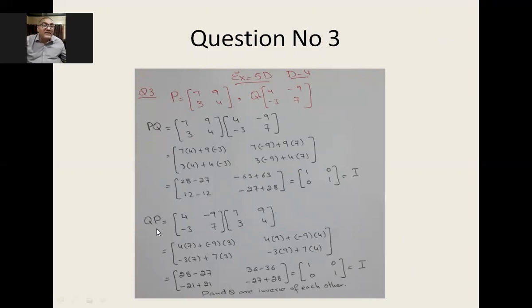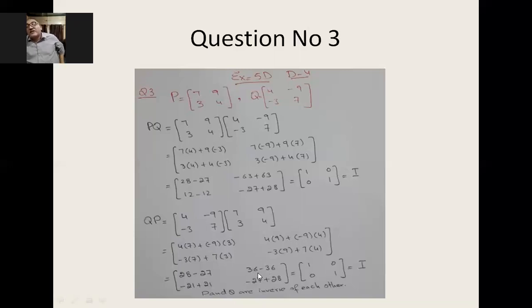Q means the value of the matrix Q, and then I will multiply it with the value of the matrix P. So you will have 4, minus 9, minus 3, 7, and 7, 9, 3, 4. So we multiply them. So you will have 4 into 7, that will be 28, minus 9 into 3, that will be minus 27. In the same way, when the first row will multiply with the second column, the answer you will get will be 4 into 9 plus minus 9 into 4.